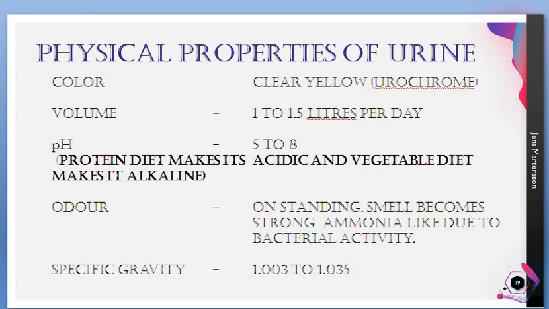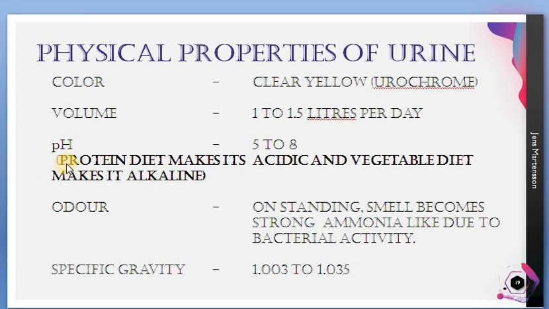So 7 is neutral, below 7 it is acidic, and above 7 it is basic. It is believed that urine is mostly acidic, because it has urea and uric acid in it, and a very slight alkalinity is also possible.